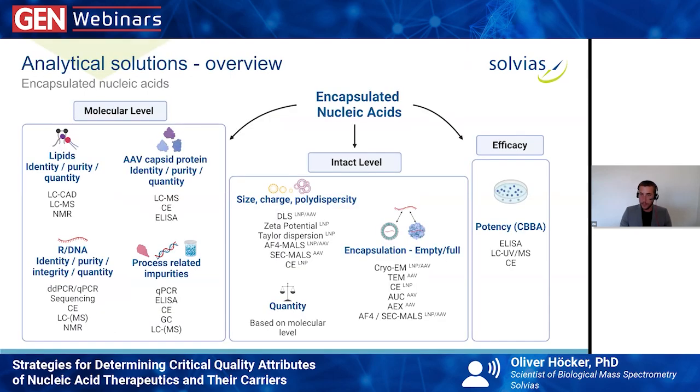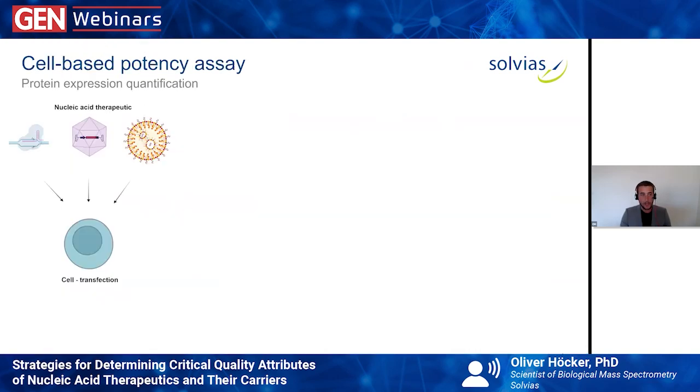With this, we come to the last box, the right one, the efficacy, the potency assay. This potency assay is very demanding. It requires a lot of expertise working in combination, which we at Solvias can provide. In a cell-based potency assay, you use your nucleic acid therapeutic as you would give it to a patient, but you give it to a cell.